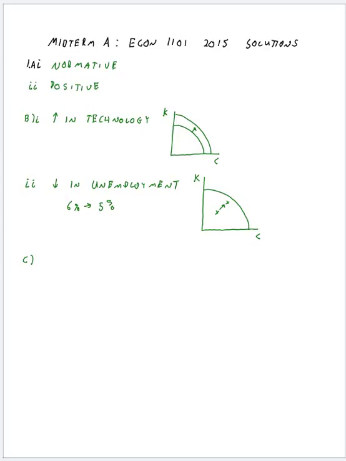Question 1C, what is the economic rationale for the law of increasing costs? Well, this has to do with scarcity and the diversity of our resources. So when we start producing something, we're going to use the resources that are best suited to producing that good.